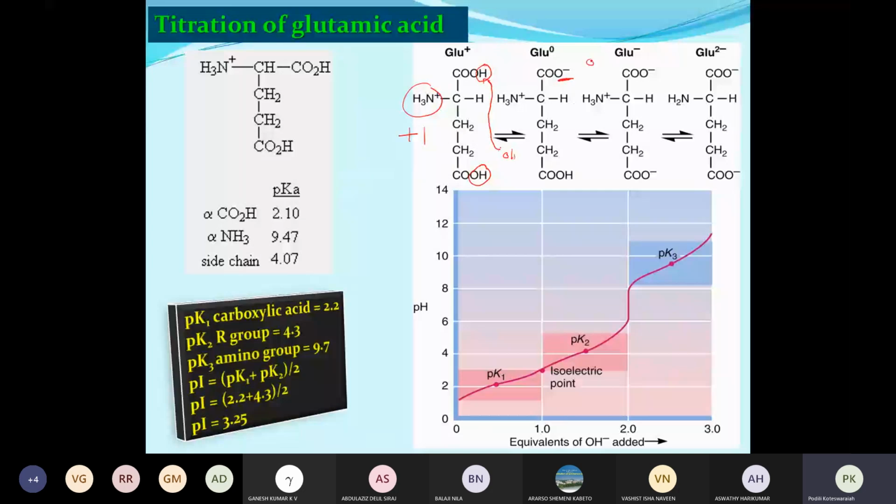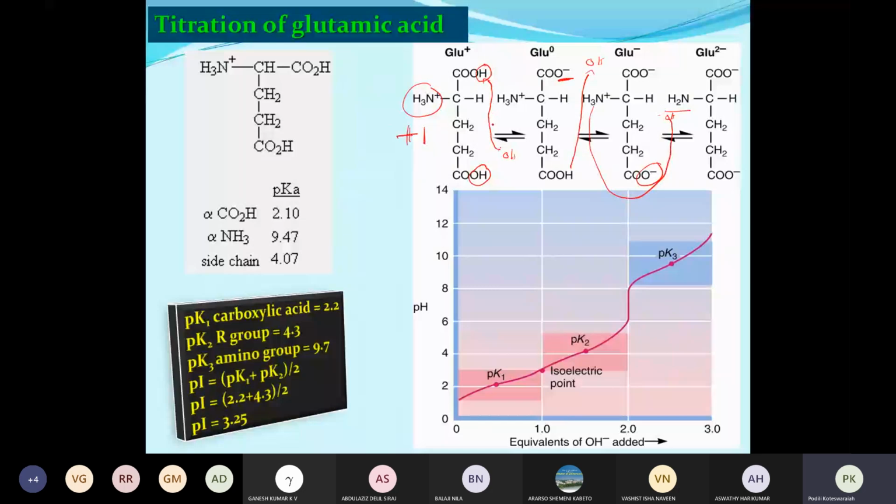Further addition of alkali, the side chain carboxylic group also loses a proton, and again it becomes COO minus. And further addition of alkali, the alpha amino group also loses a proton, as a result it becomes NH2.